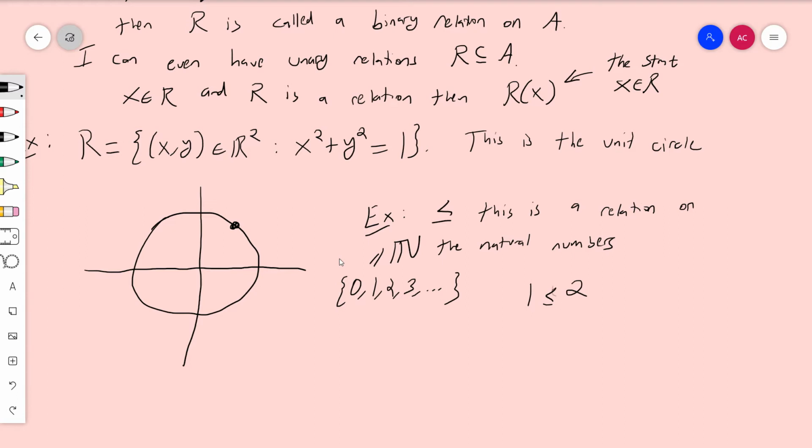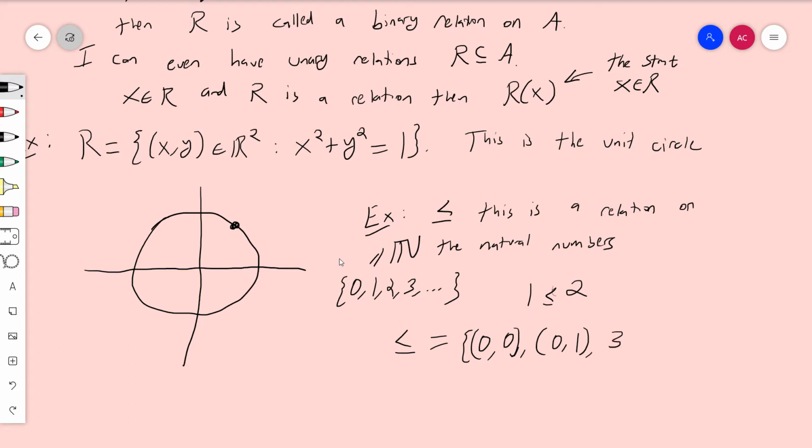And so in particular, I can see less than or equal to as a set. It's hard to define it explicitly as a set, but it's the set of all pairs of natural numbers where the first entry is less than or equal to the second entry. So in particular, it's got 0 and 0, right? It's got 0 and 1.